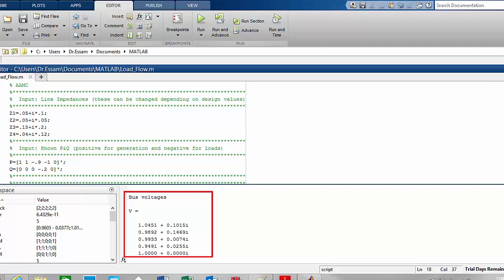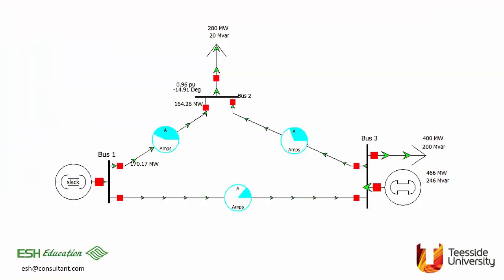But this is not what we need. Today, the work of a power engineer is much more complex than just calculating voltages at buses at one point. As I said earlier in this presentation, the practicing engineer will be looking at something like this and opening a circuit breaker, and he can see immediately what will happen to the loading in different lines and what will happen to the voltages.